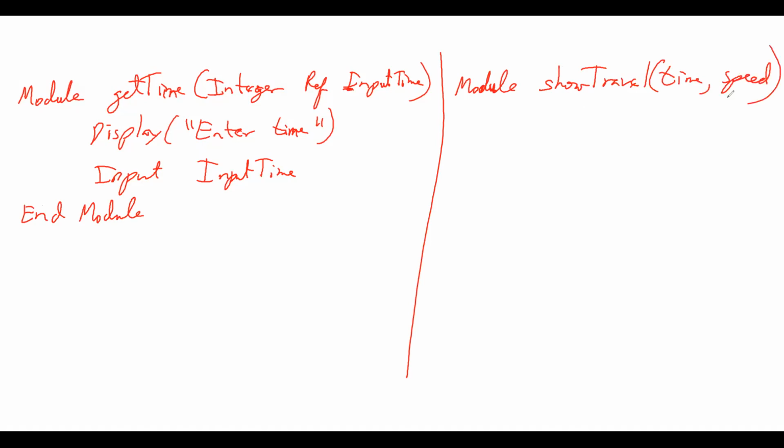All right, and what we need to do is the for loop, right? So for hour equal 1 to time.